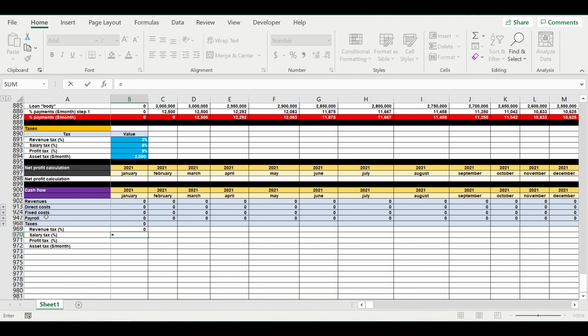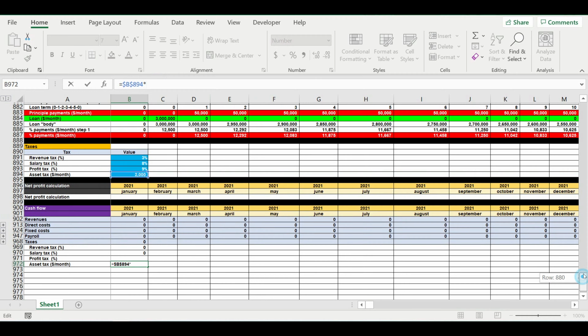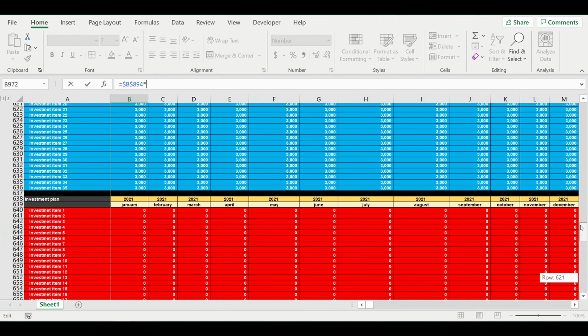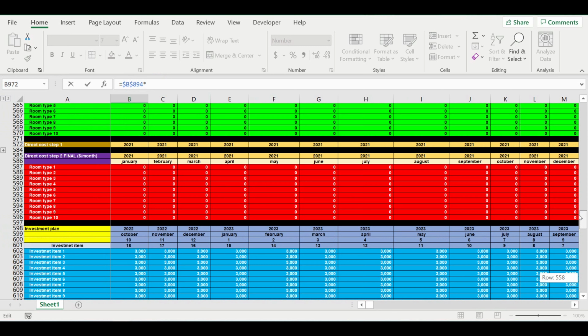We will take information from here. Profit tax we will calculate a little bit later. Asset tax, we will take this payment and move to our automatic timeline.